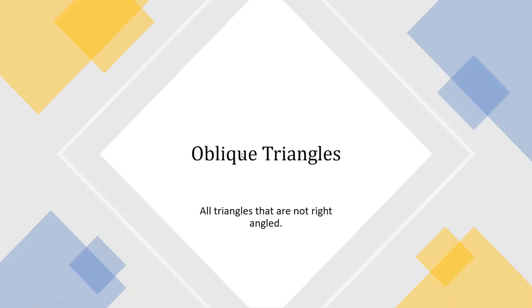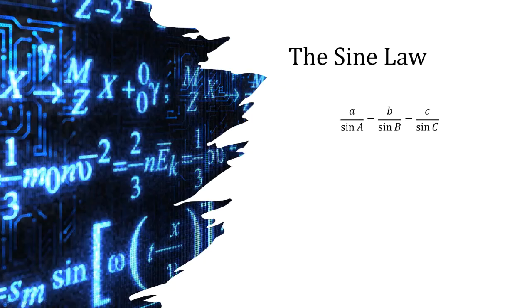So here in oblique triangles, we'll be using two laws of trigonometric functions, which are the sine law and the cosine law. The sine law states that side A over sine of angle A is equivalent to side B over sine of angle B, which is also equivalent to side C over sine of angle C. If you want to find side A with the given C over sine C and sine A, you can use this formula.